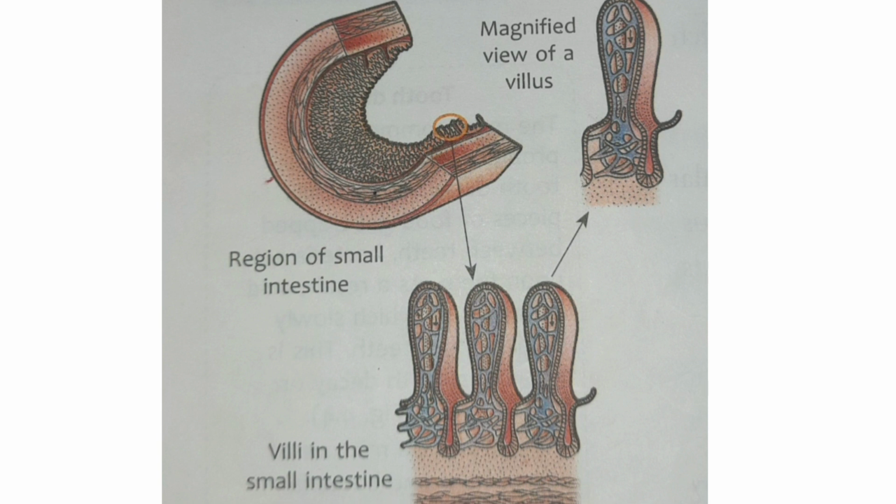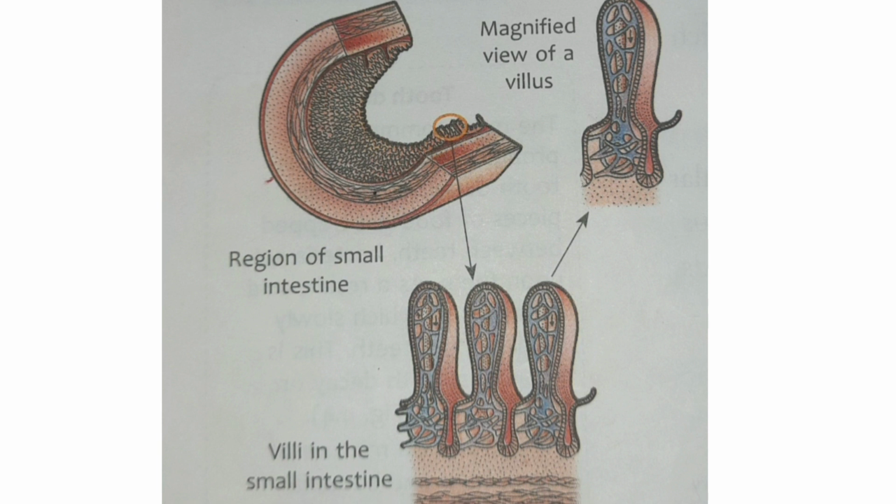Here you can see a magnified view of the villus region of the small intestine, with many finger-like projections, and their function is to increase the surface area and help in more absorption of the simpler food.